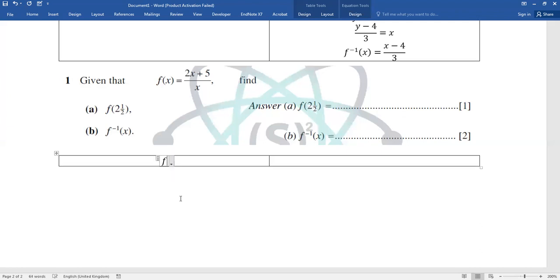You can either write it as 2.5 or 5/2, whichever one suits you. We have no issue with that.